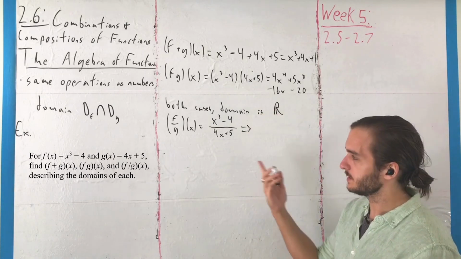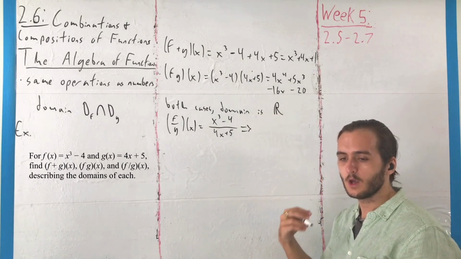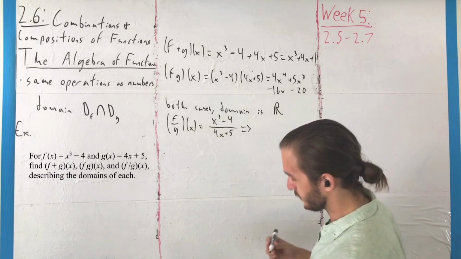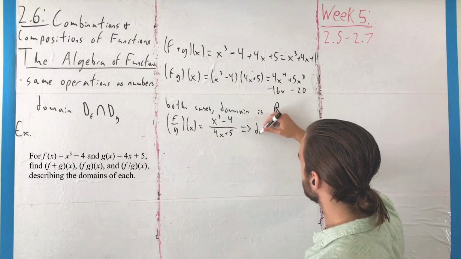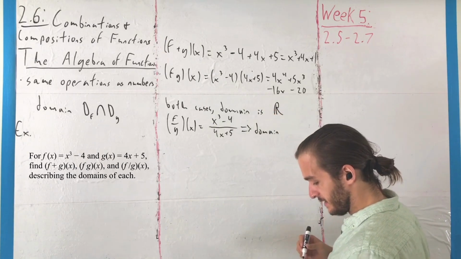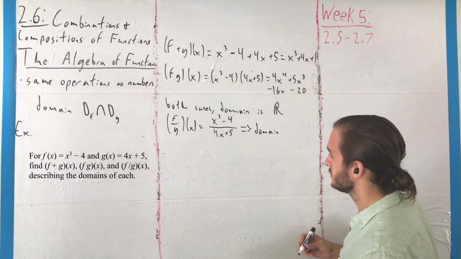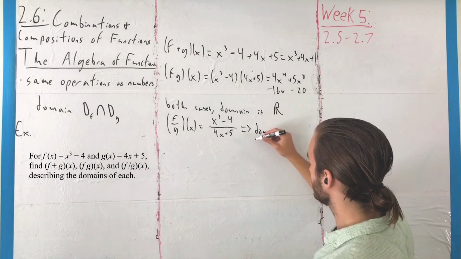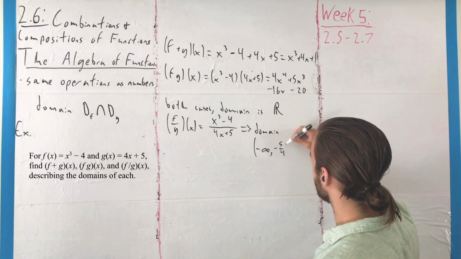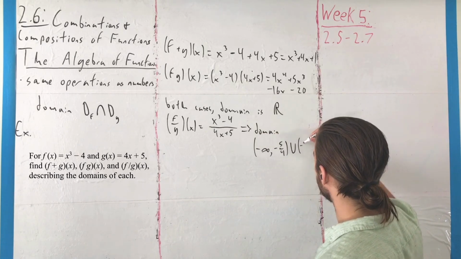Easy to find the solution for when that would be 0. That's going to happen when x is equal to negative 5/4. So the domain, if you want to be writing that in the interval, would be something like negative infinity to negative 5 over 4 union negative 5 over 4 to infinity.